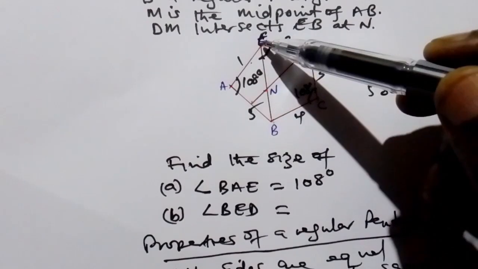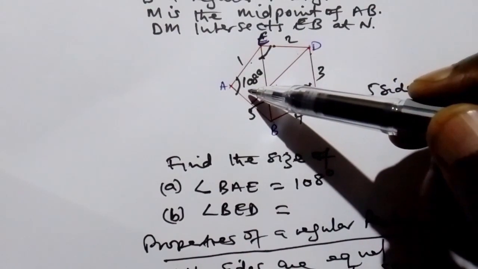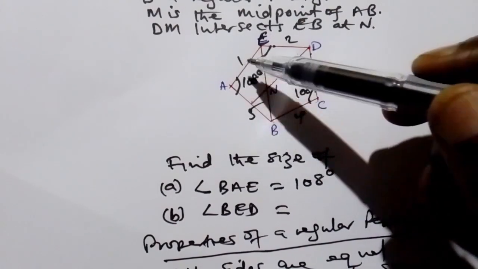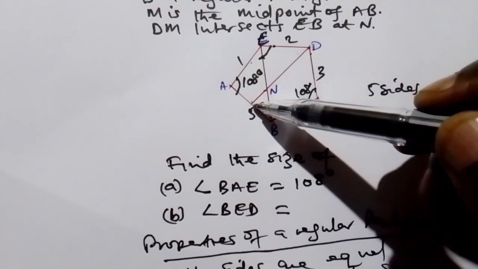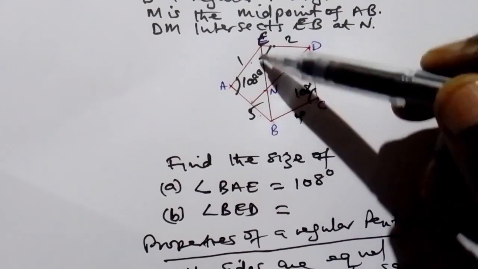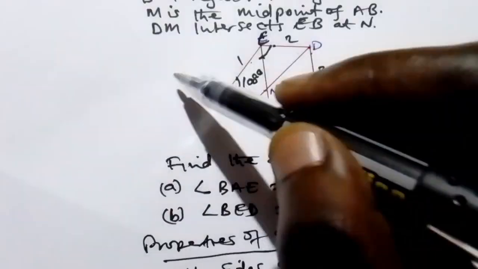So from here you can see this is a triangle, and we have already got this angle to be 108, and the size of this side is the same as the size of this side. So it means this is an isosceles triangle.